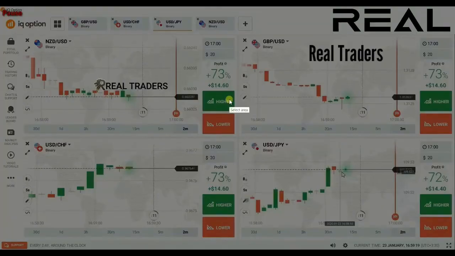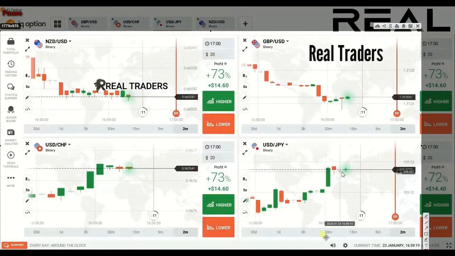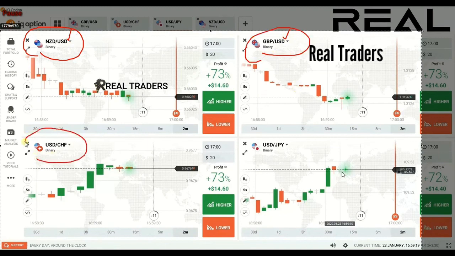Here you can see I placed 4 charts. For trading news, at least you must open 2 charts, and you can also open 4 charts. You can see in these 2 above charts the USD is in the second place, and in these 2 below charts the USD is the major currency, in the first place.